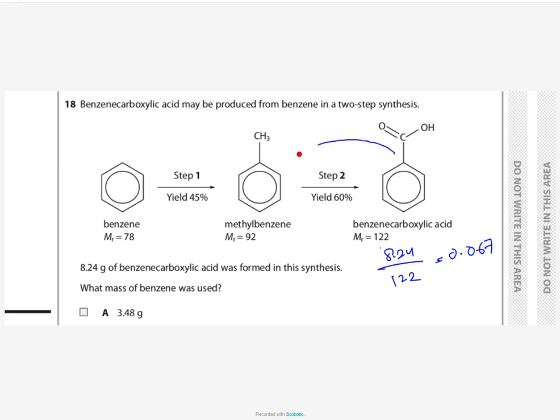That means you need to have 60% of this is what you get here. So moles of methylbenzene is not this. It is 60% less. That means if you have 100 moles of methylbenzene, you might get only 60 moles.